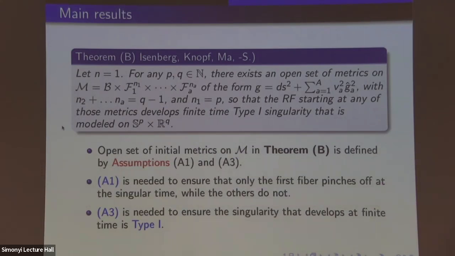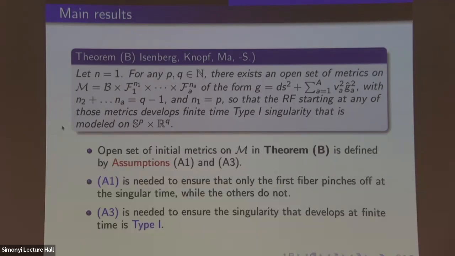I'm going to state it first for n is equal to 1, which means that the base is one-dimensional. So we can show here that if you take any P, Q in N, then we can find an open set of metrics on this M, which is the multiple warped product, where N2 up to Na sum to Q minus 1, and N1 is P, so that if I start the Ricci flow at any of these metrics, I can guarantee that the singularity that happens is of type 1, and that the singularity is actually modeled on one of those generalized cylinders, S^P cross R^Q, right?